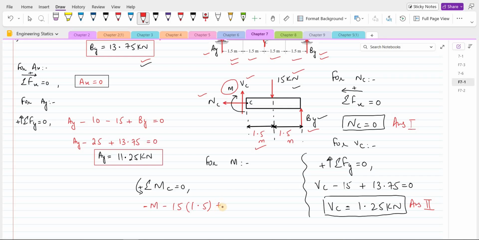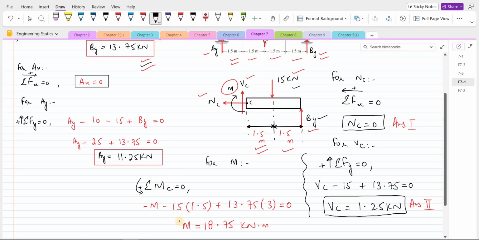So we have positive By, and By is 13.75 kilonewtons, and the moment arm is 1.5 plus 1.5, 3 meters, equals 0. Upon simplification, M comes out to be 18.75 kilonewton meters. So this is our third answer.